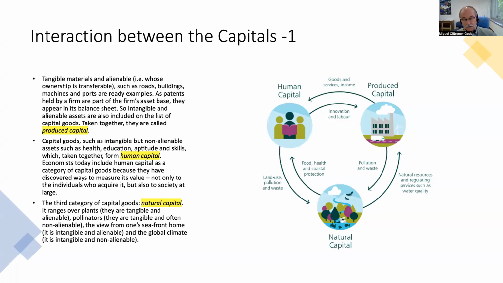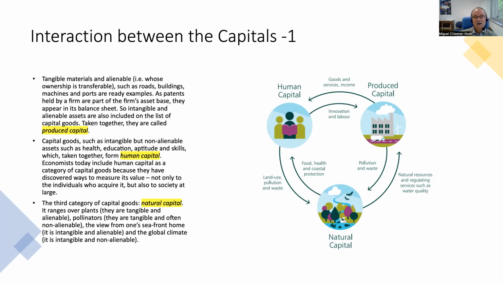Why do I tell you all this? Because we still have to define a little bit more the capitals that we have when coming later to the conclusion. For example, here you see a diagram on human capital, produced capital, and natural capital, and the interactions between them, for example, tangible materials and alienable materials. Those you can transfer: roads, buildings, machines, and so on.